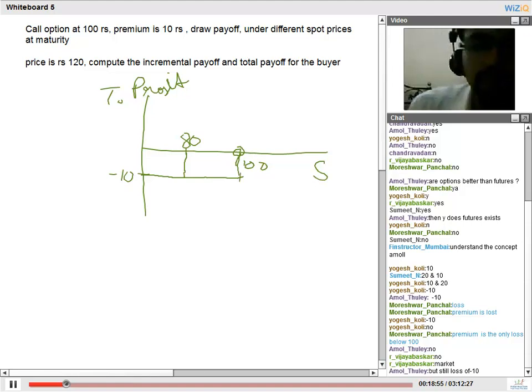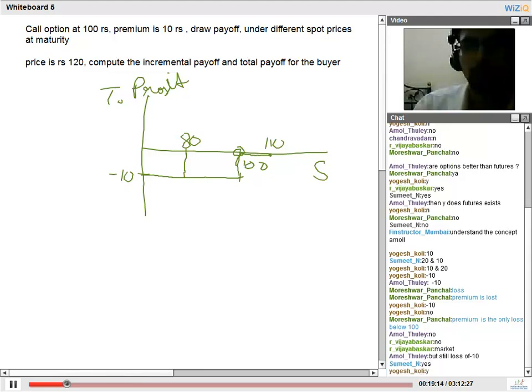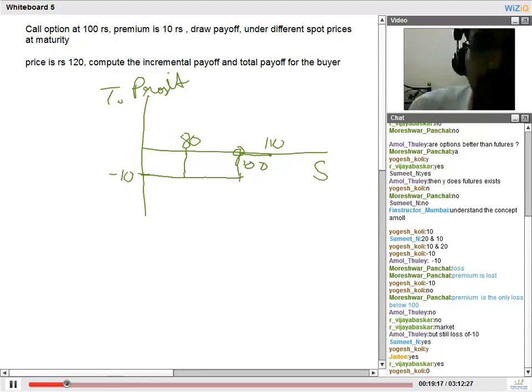Now let's understand what happens as the stock starts moving up. So let's say the stock ends up at a price of 110. Will the option be exercised? Yes, because he can sell it in the market. I understand the total profit will still not be there for those of you who are thinking like that.